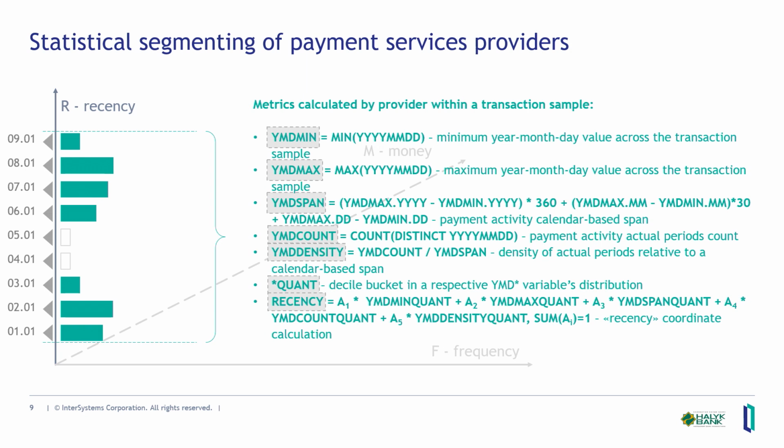So each value, for example the span or the count of periods of activity, we have converted into a number from 1 to 10, depending on which position that provider is in the distribution for the whole population. So finally, to calculate recency, we applied a linear formula by applying some fixed experience-driven coefficients, which can be optimized further on, and that could be one of the points for improvement of the prototype. But currently, they are fixed by our experts from the bank.